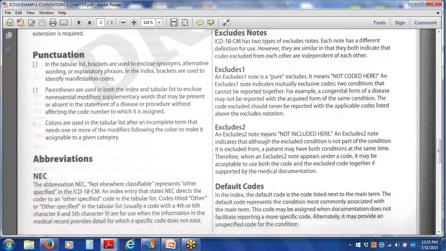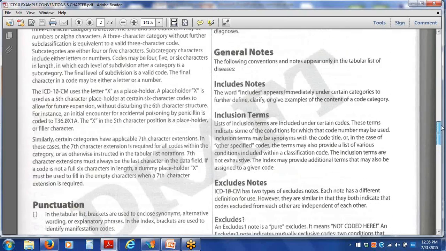Excludes2 means that it's not included with the diagnosis that you're using, but you can have both conditions at the same time, and it may be acceptable to use both codes together if supported by the medical documentation. So some of these definitions are important for you to know.